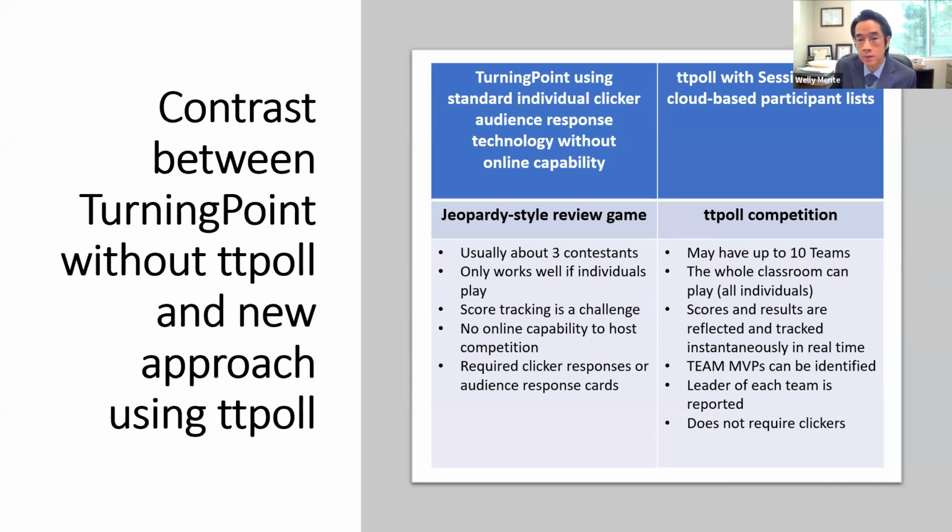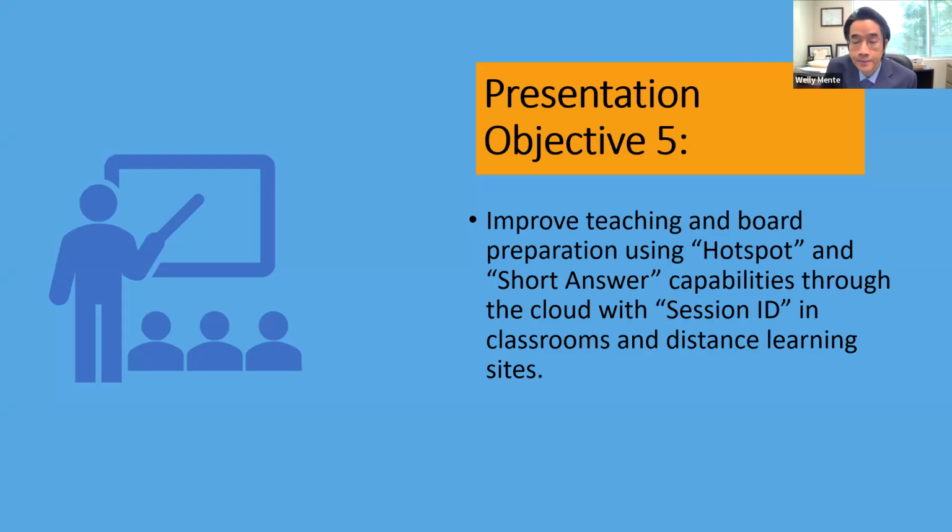The scores and results were all reflected in real-time tracking instantaneously, and I was able to show the audience their team response MVPs, as well as identify individual team scores pretty quickly in real time and report that. And the students no longer needed clickers, all by the use of TT poll with session ID. So it was a really fast-paced, very highly interactive team competition game mode in an online setting during the COVID era.